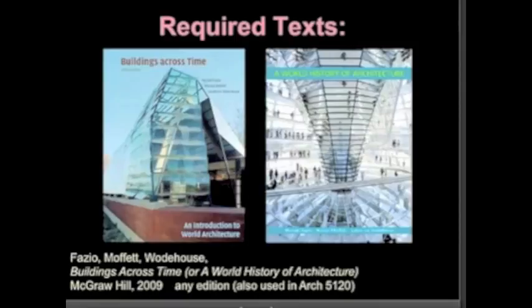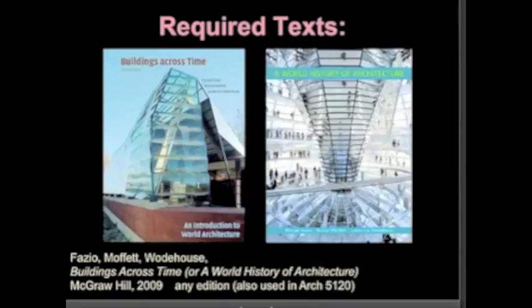It doesn't dig too deeply into these topics, but it has a lot of good illustrations, and it frequently changes its title. So the second edition was called A World History of Architecture. The first edition had a different title still. The third edition is called Buildings Across Time. Any of those would be fine.